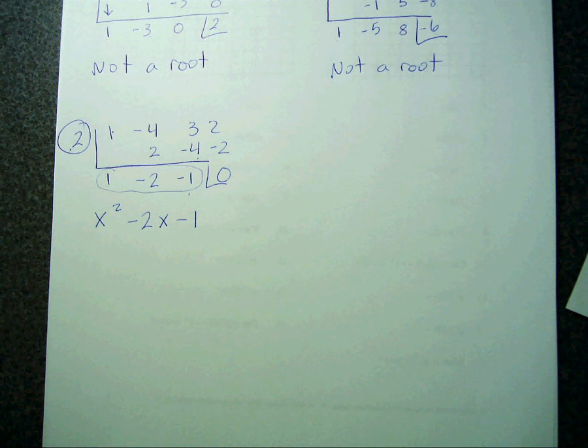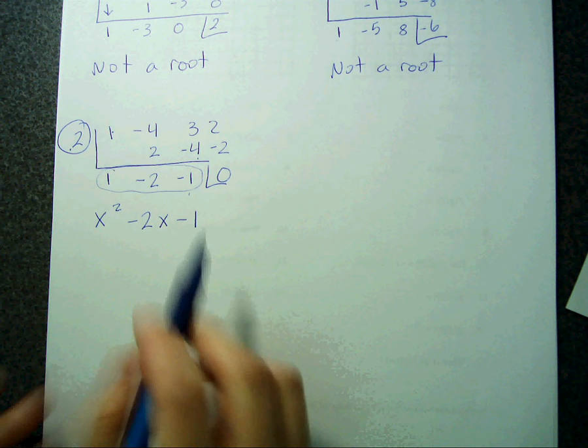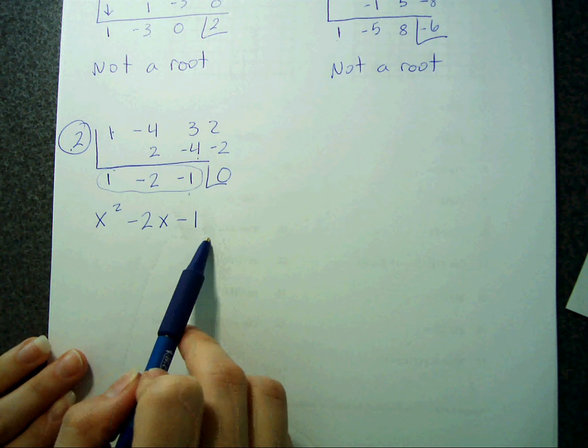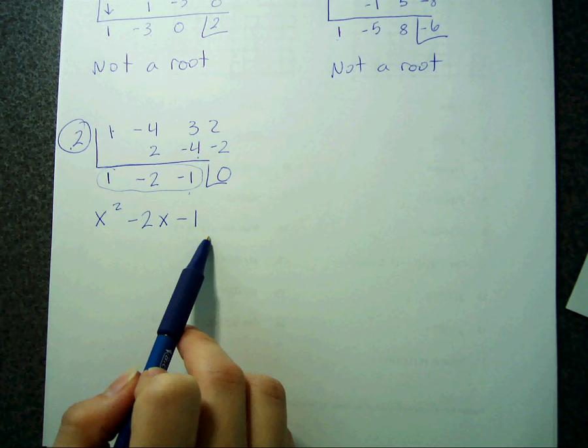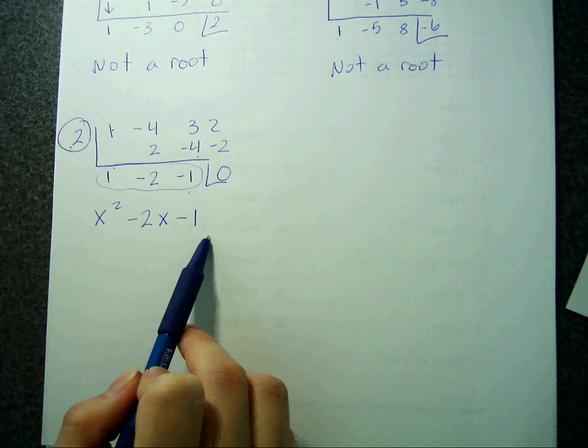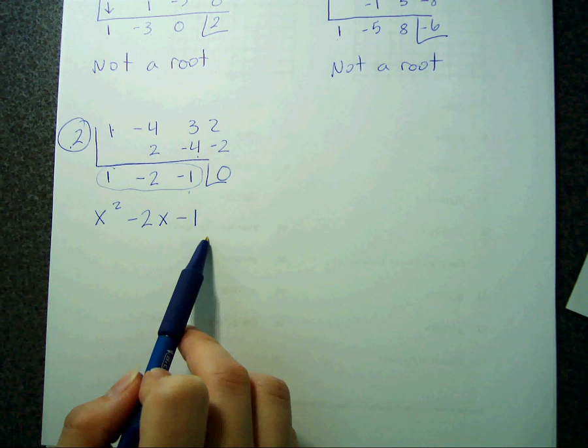Is x squared minus 2x minus 1 factorable? No, right? What do I multiply together that gives me negative 1? 1 and negative 1, that's it, right? What is 1 plus negative 1? Definitely not negative 2.